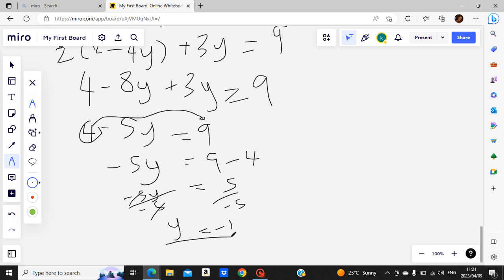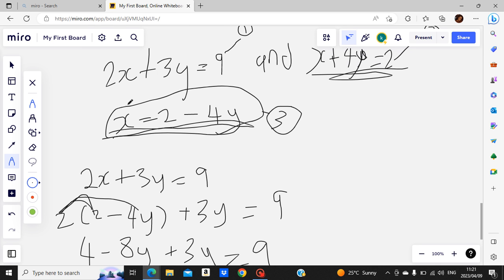So now that we found our y, it means that we need to go back to our equation 3. Remember, in equation 3, we had just said that whatever we find as x will be 2 minus 4, whatever the y is. So now we know that the y is minus 1. So meaning we're going to come and say our x will be equal to 2 minus 4 times minus 1.